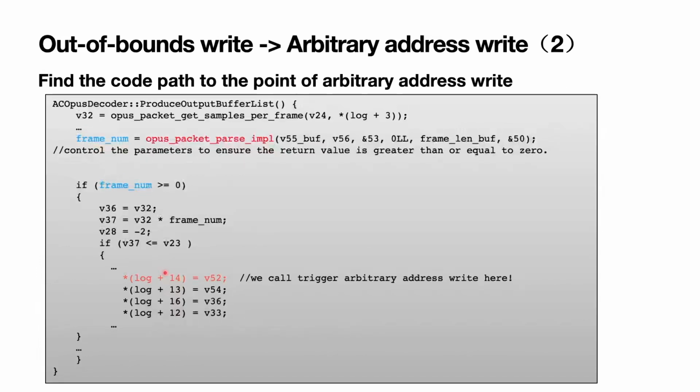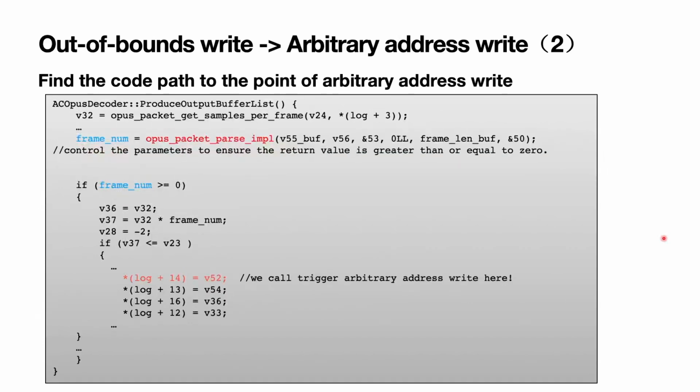Next, we have two goals. One is to go to the location while arbitrary address write occurs, and the return value must meet certain conditions. The other is to make the program not crash immediately after causing arbitrary address write.